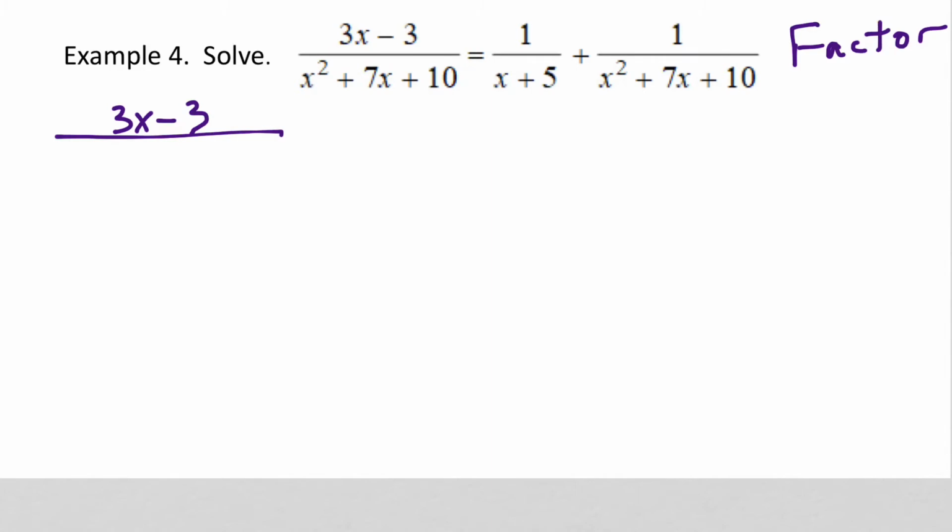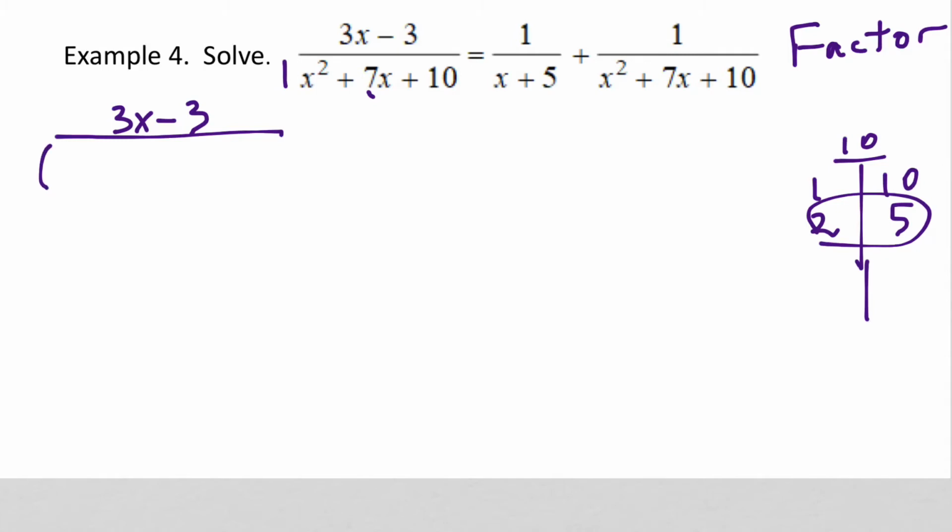All right, now let's figure out the factors here. So I have 10, 1 times 10, 2 times 5. And I need to get a positive 7 in the middle. So it must be 2 and 5, leading coefficient of 1. So I don't have to factor by parts. So that would be x plus 2, x plus 5.